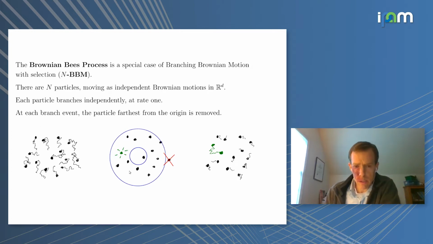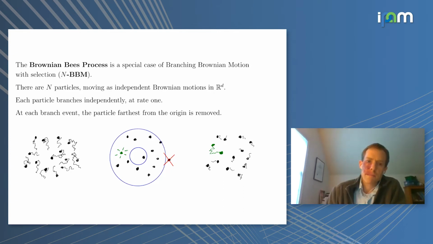The circles here just indicate the radial distance from the origin, which is supposed to be here in the center. So this particle is removed, and then from the location of the green particle, 2 particles emerge, and they undergo independent Brownian motions, and the other particles continue, and then there's another branch event later, and the process continues like this. Okay. So because of the simultaneous branching and selection, the total number of particles is preserved.